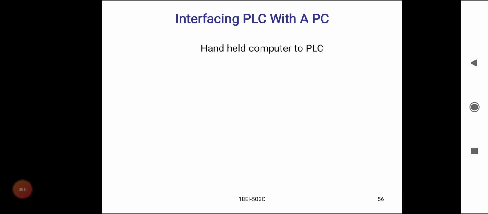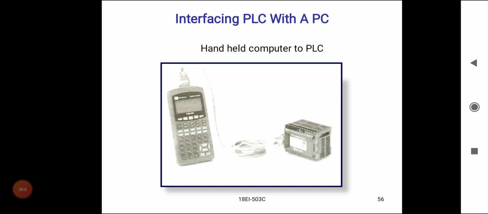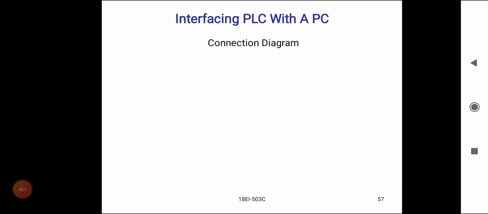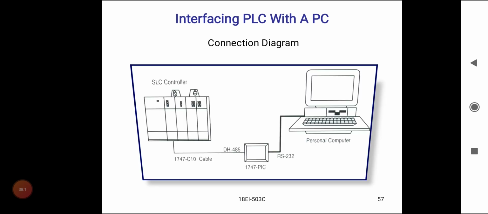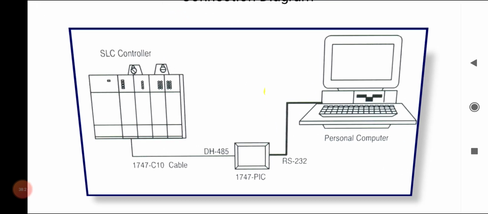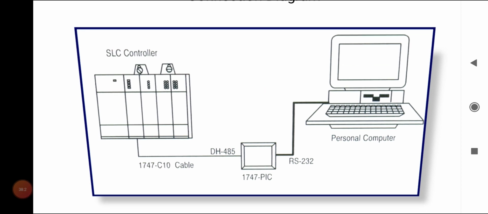Handheld programmer to the PLC. A typical handheld computer to PLC connection is shown in the slide. Connection diagram: SLC controller, 1747 C10 cable, DH485, 1747 PIC controller.